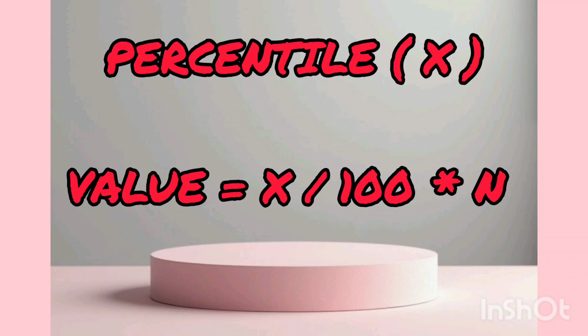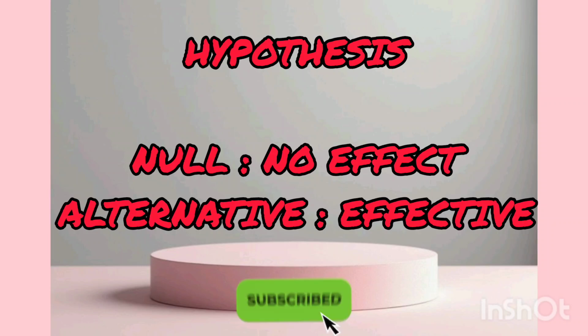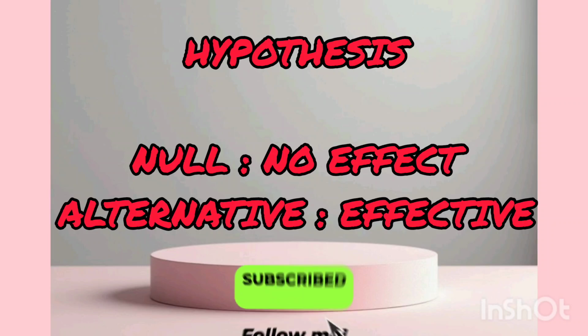With respect to biostatistics or public health, a very important term is hypothesis. Hypothesis is nothing but an assumption that, okay, if I use this drug, then this will be the effect. Now there are two types of hypothesis, null hypothesis and alternative hypothesis. Null hypothesis means that there is no association between the drug and the effect.